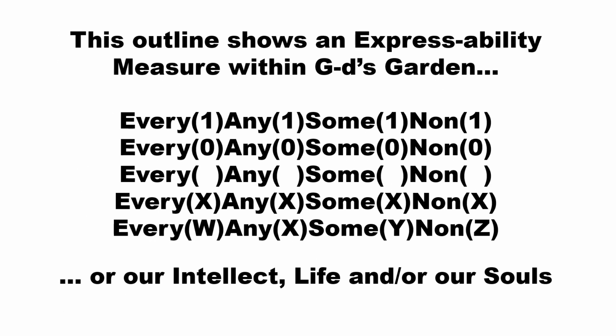Within the same expression outline in the prior slide, we have these variations of expressibility, combining the principal numeric objects, one with these other system expressions could give the source and the variability to outcomes of our intellect, our life, and or our souls.